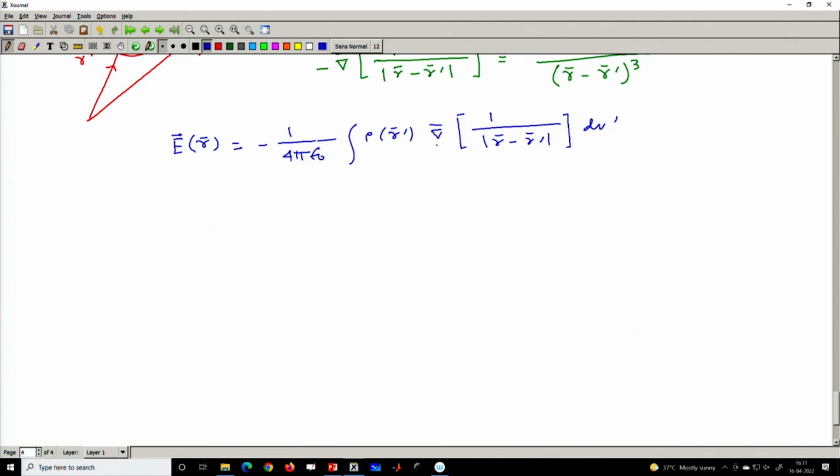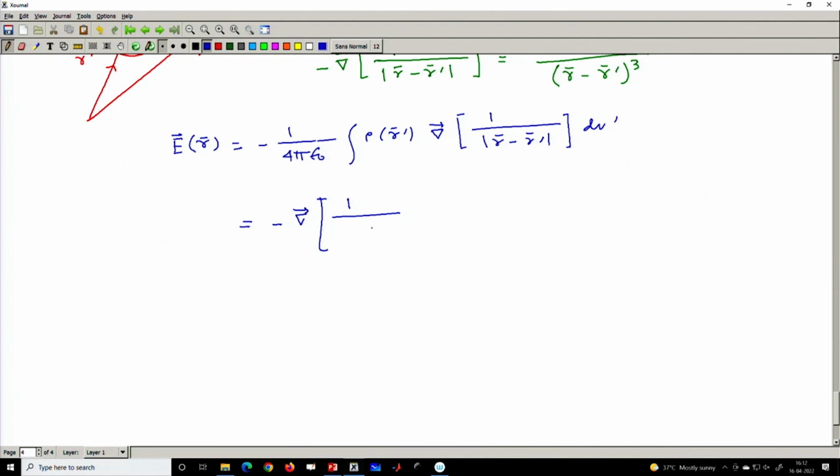This gradient I can make outside, because it is operating over r. So, I can take it outside with a negative sign. Sorry, I said divergence, but this gradient outside.